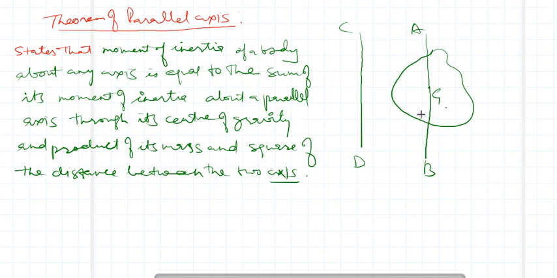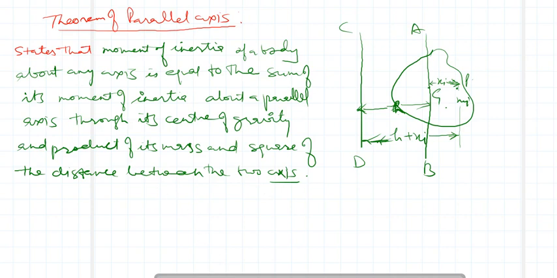Say there is some point P at a distance xi from the center of mass, and mi is its mass, and say h is the distance of the center of gravity from this parallel axis. So this distance h plus xi is the distance of this point from the axis.